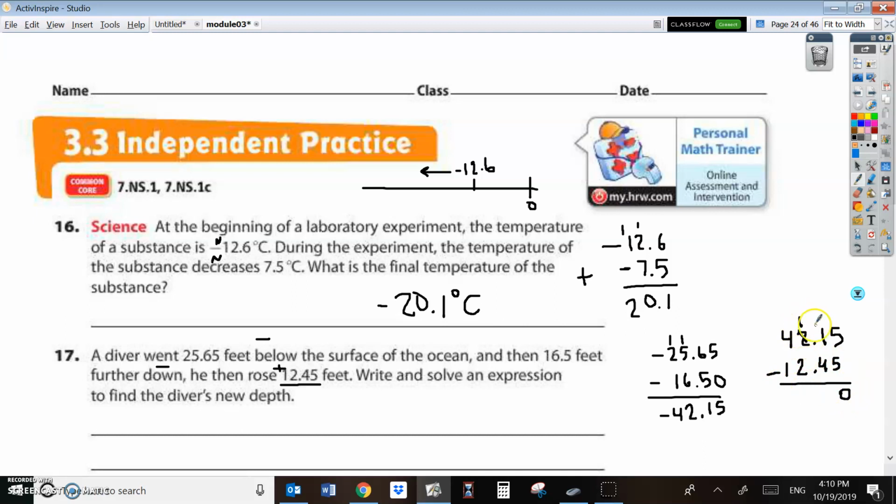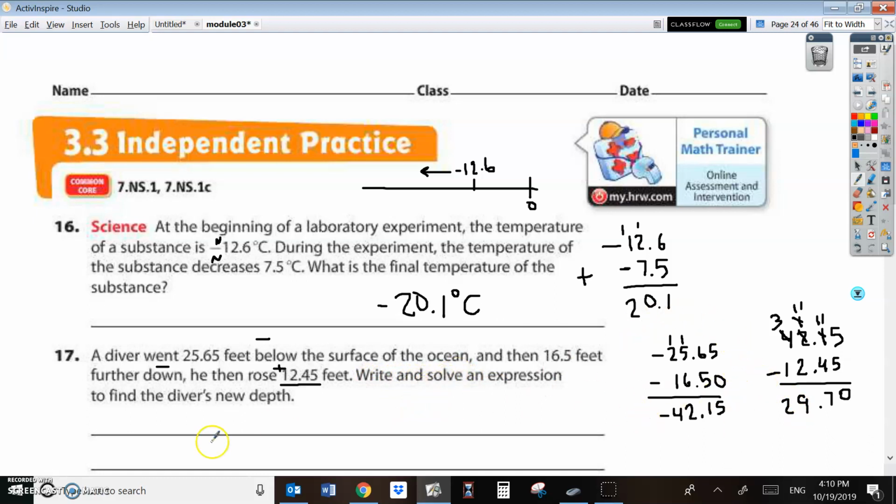Put a 1 there, make that 11, minus 4 is 7. Make it a 3, and make this an 11, and this a 9, and that a 2. So write and solve an expression to find the diver's new depth.